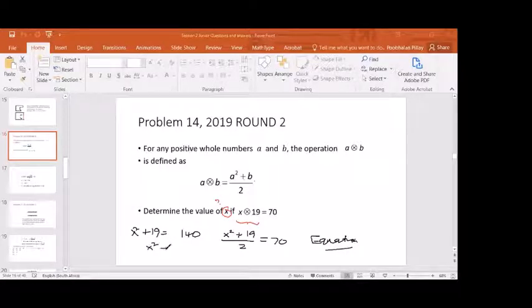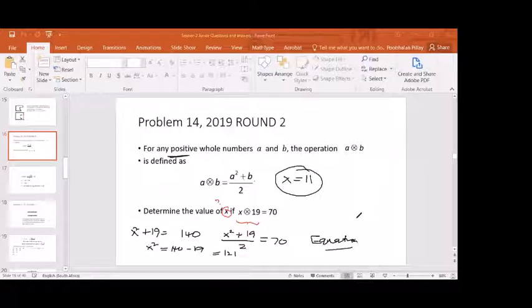And now bring all the x's to one side. That's the standard rule, right? And you get x squared is equal to 121. Oh, that's a nice number because you know that 11 squared is 121. It could be plus or minus 11, but it's said that the numbers are positive.